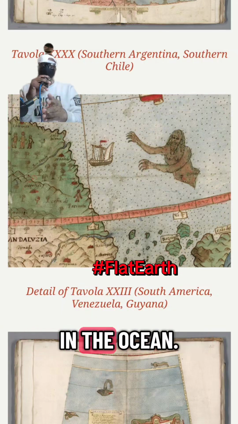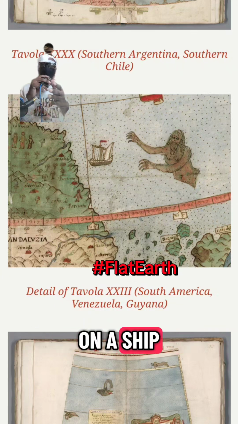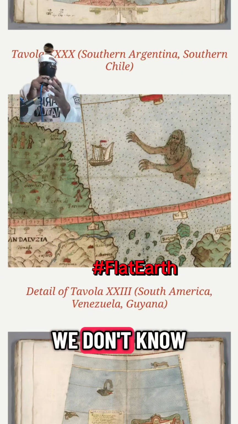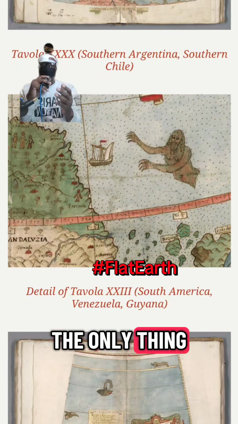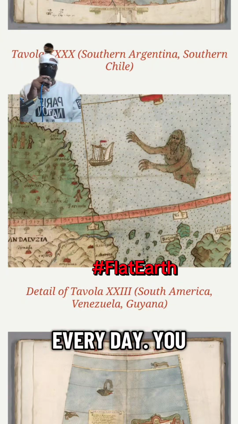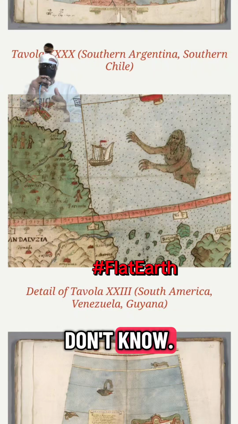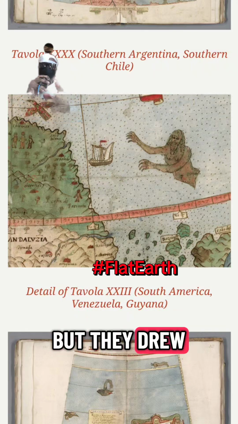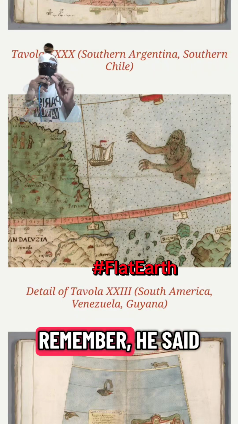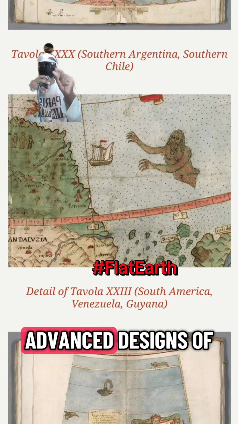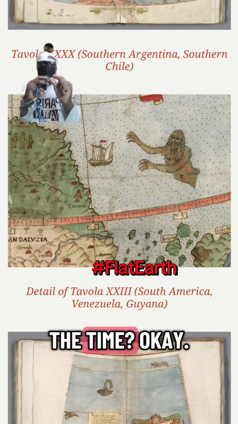You've never been in the ocean. You've never been on a ship probably that deep. We don't know what's in the ocean, okay? The only thing we do is get up and go to work every day. You don't know. But they drew this. This was a detailed map. Remember, he said this was one of the highest advanced designs of the time, okay?